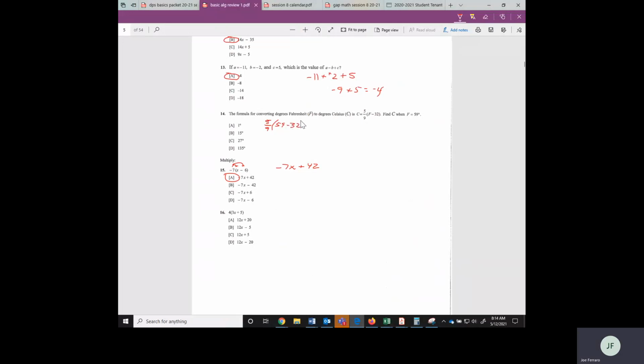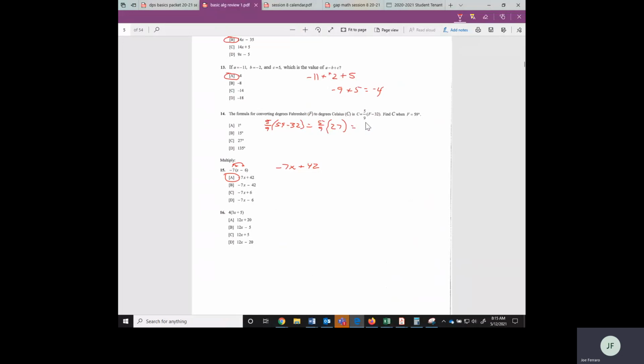minus 32. So again, you have to do order of operations. So you have to take 59 minus 32. That'll go in the parentheses, which is 27. Okay, so again, I'll show you 2 ways here.